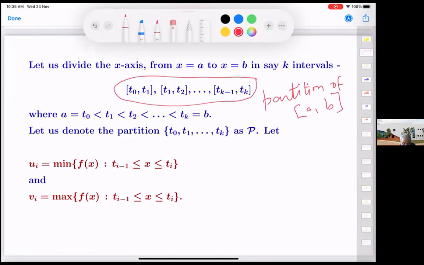Given such a partition, let us look at the following. In each of the intervals, you take the minimum and maximum. In my curve, I had drawn a continuous function. It may not be continuous, in which case minimum and maximum may not make sense.